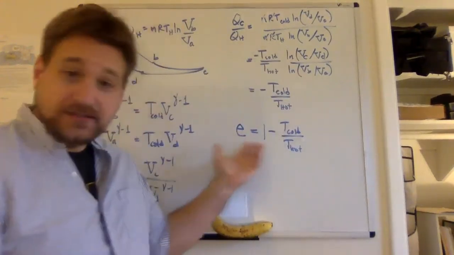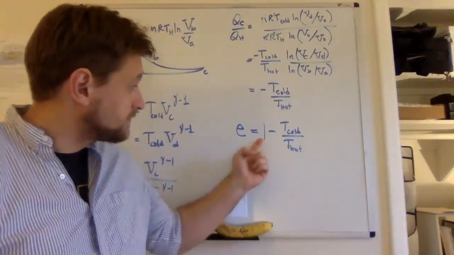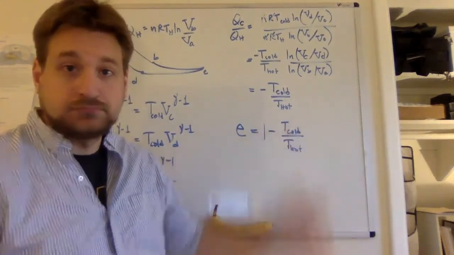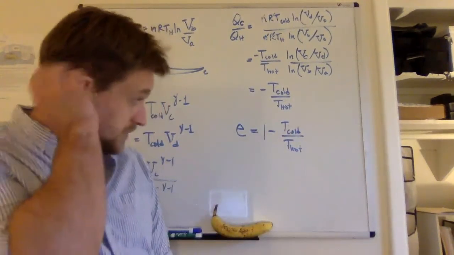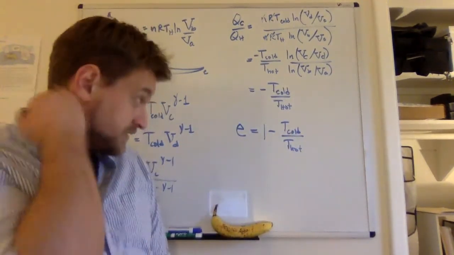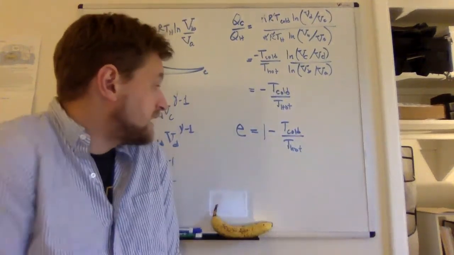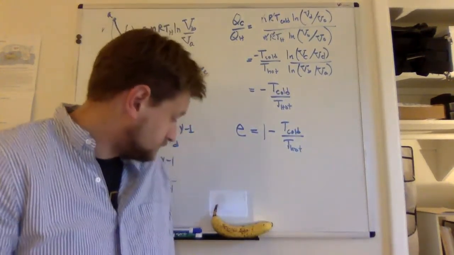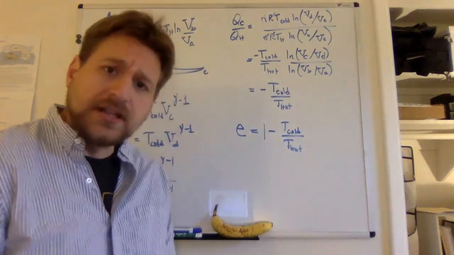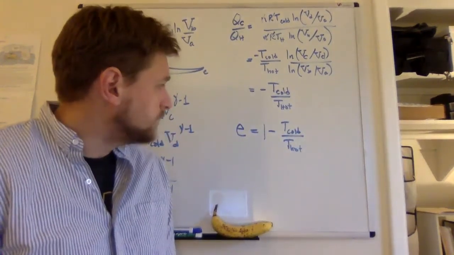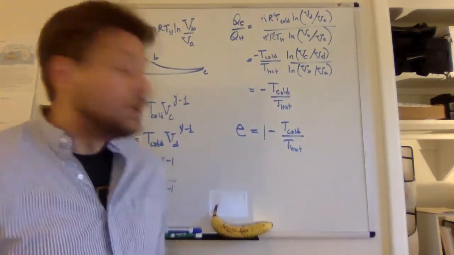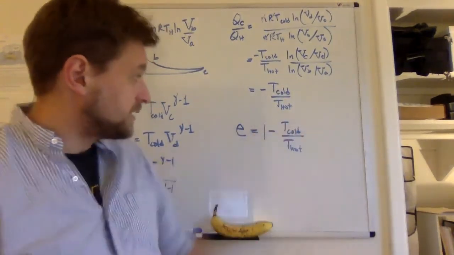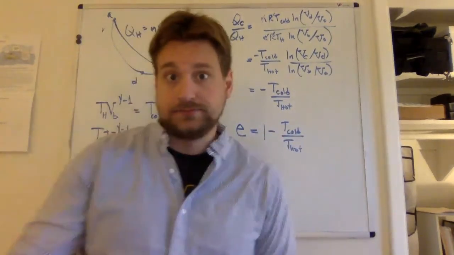It's not perfect. The efficiency isn't 1 unless this term is 0. And there's only 2 ways I can think of to get a quotient equal to 0. Well, even to look like 0. Well, the first way is to make the numerator 0. So the cold temperature is 0.